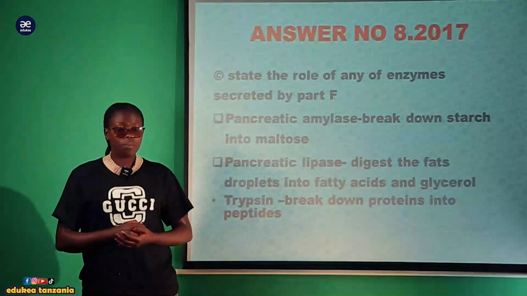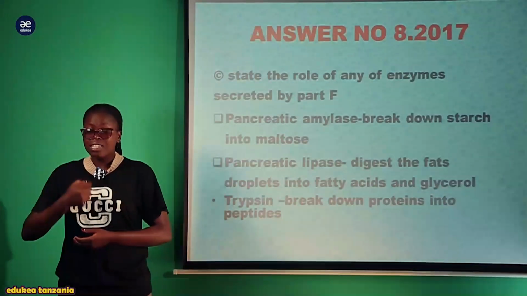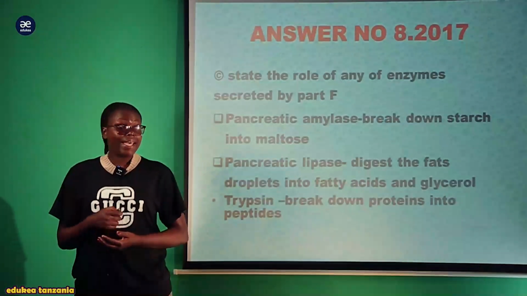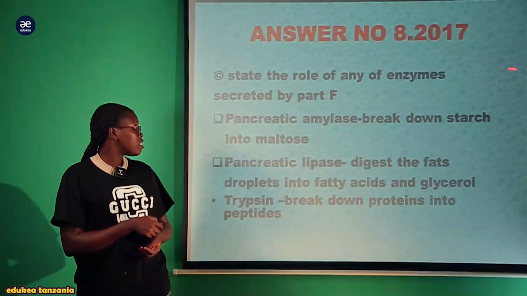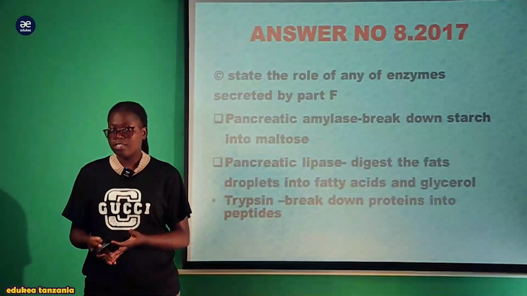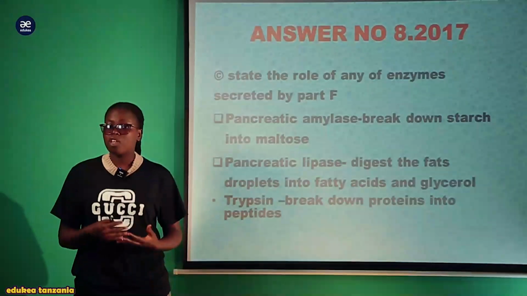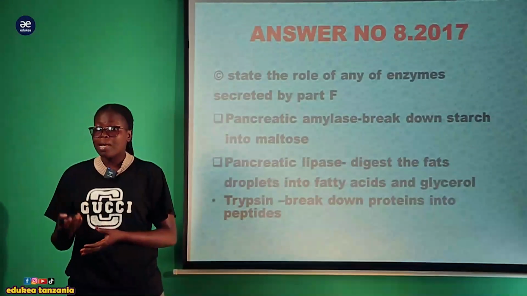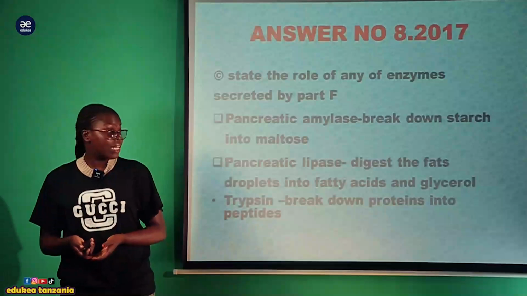Swali la mwisho inatuambia kwamba needs us to state the role of any enzyme which is secreted by part F. Any enzyme. Hajatuambia kwamba state the role performed by pancreatic amylase or pancreatic lipase, ila any role.